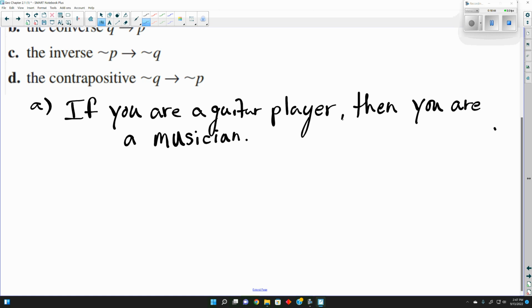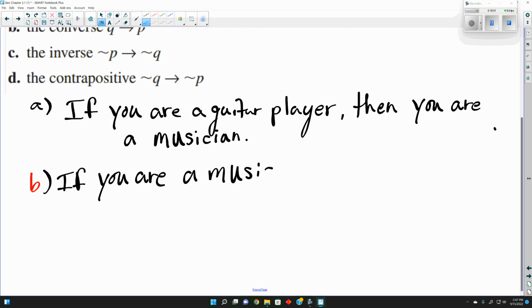Questions on this here? Now the converse, we're flipping the hypothesis and conclusion. So then it'd be the other way around: if you are a musician, then you are a guitar player.